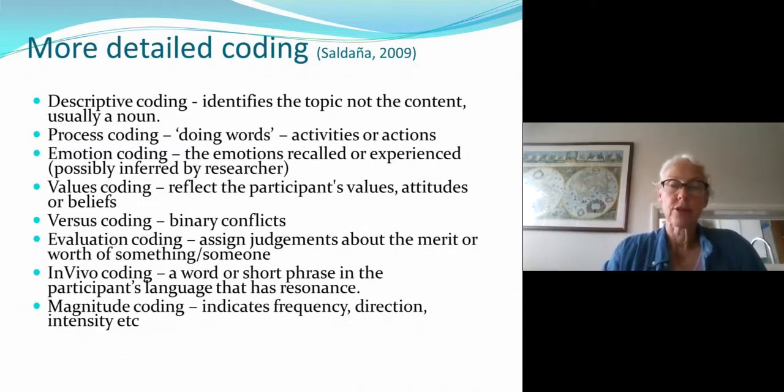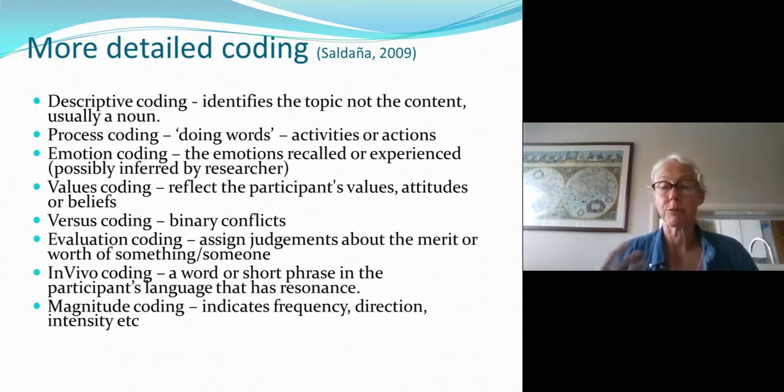Process coding uses doing words, activities or actions. So that might be to do with something that they're taking part in, what activities are happening there. Emotional coding. Sometimes this is inferred by the researcher, but it could actually be that people talk about particular emotions.